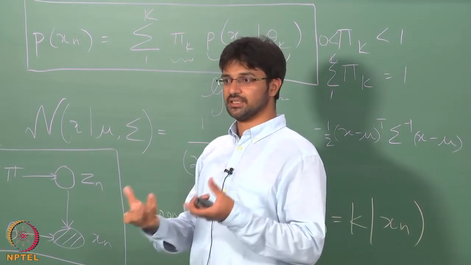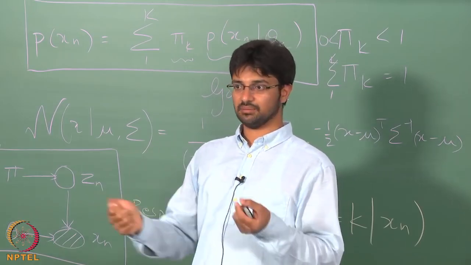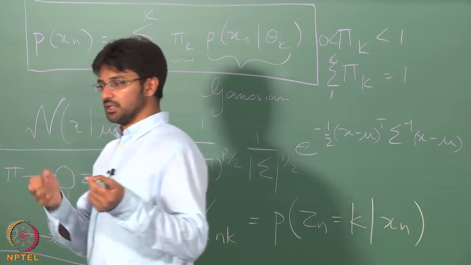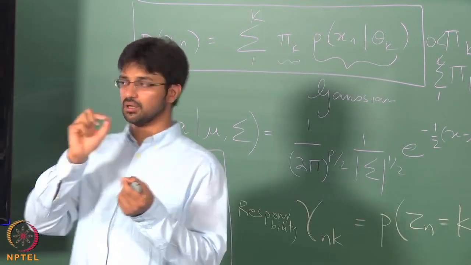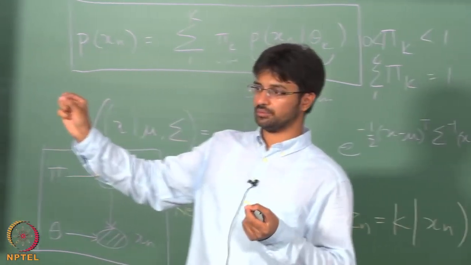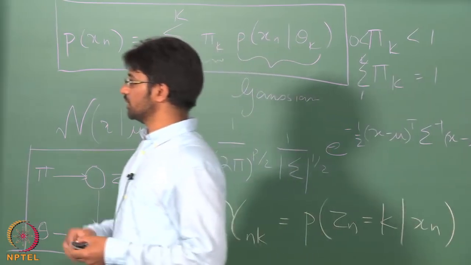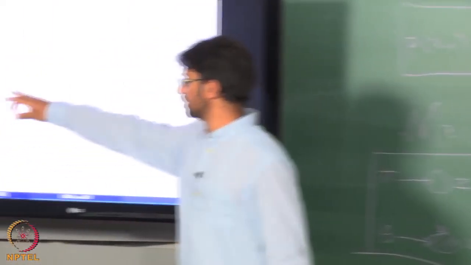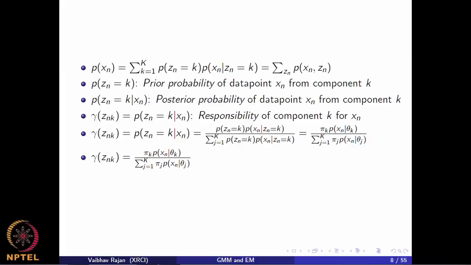So your clustering need not always be a hard clustering of this component versus that component. It can be a soft clustering where the cluster label can be probabilistic. So it can be cluster label 1 with probability 0.5, cluster label 2 with probability 0.3, and so on, right. So when you express it as a probability, then you get the option of doing both hard clustering as well as soft clustering.